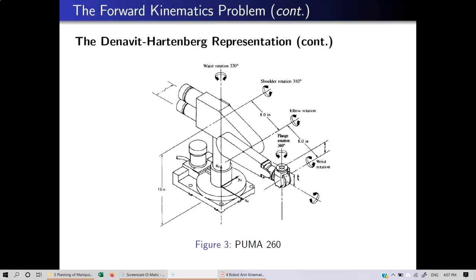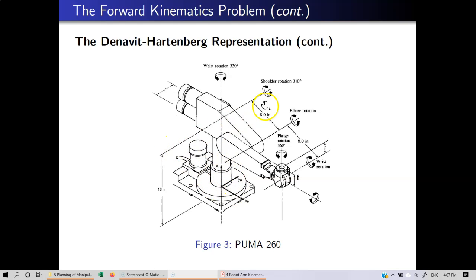Now let's look at another robot, the PUMA 260, and see how we can establish the coordinate frames and obtain the geometric link parameters according to the Denavit-Hartenberg representation. Here we are given some indications of the joints. This is the axis of rotation of joint number 1, so joint 1 should be somewhere around here.